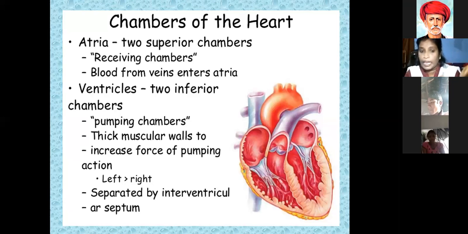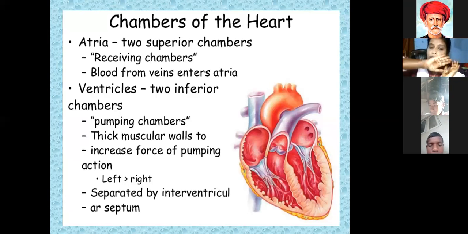Next, the functioning of the auricles: blood from the veins enters the atria. What are veins? Veins are one kind of blood vessel. The auricles collect the blood, which enters through the veins.